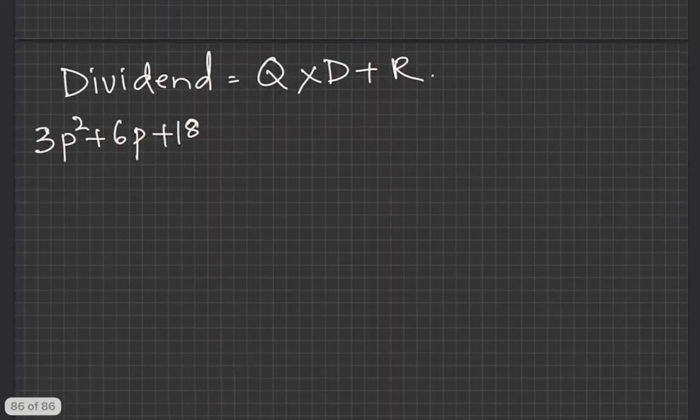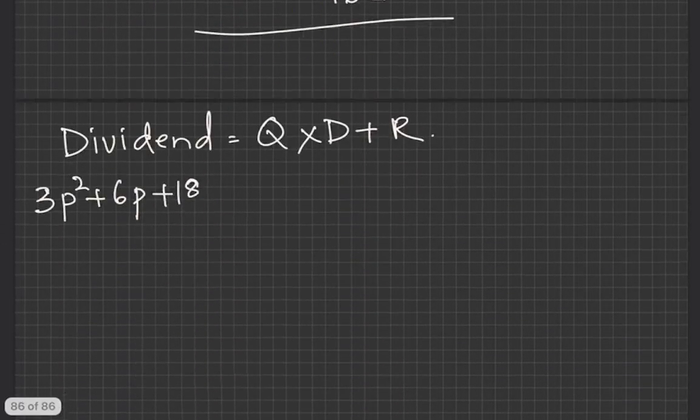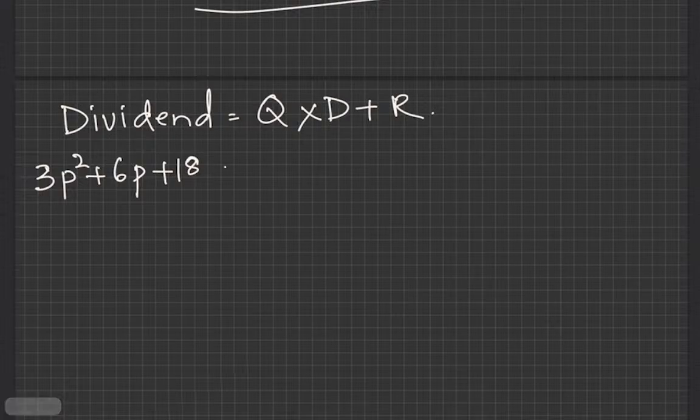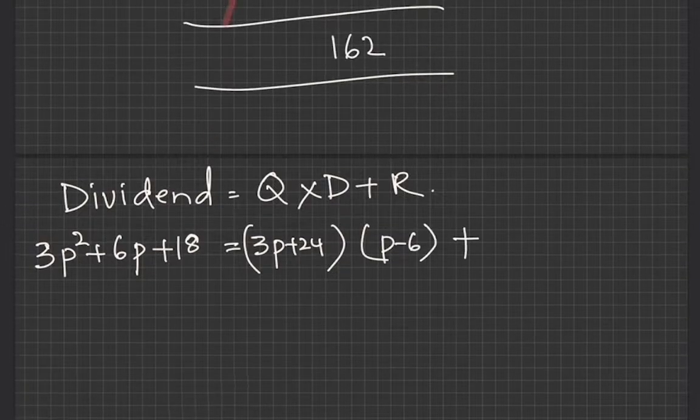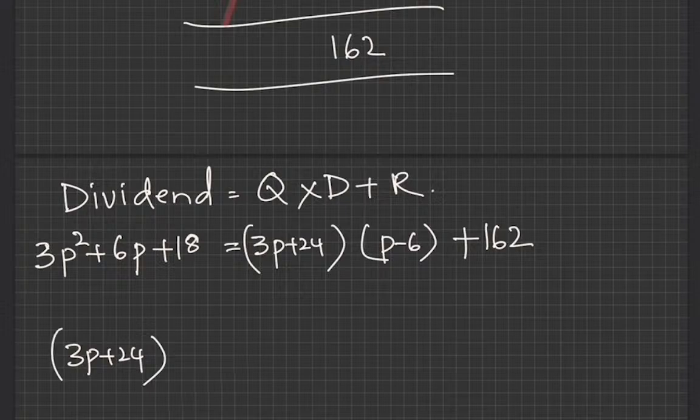And then my quotient is 3p plus 24, and my divisor is p minus 6, and my remainder is 162. Okay, so now 3p plus 24 times p minus 6.